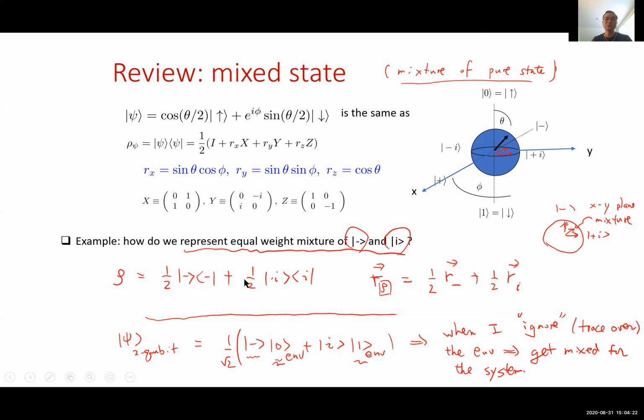And if you only have access to the system and you are measuring an observable, you will write it as the trace of the observable times the state itself. It will be the same as if you take this 2-qubit state and then measure the expectation value.